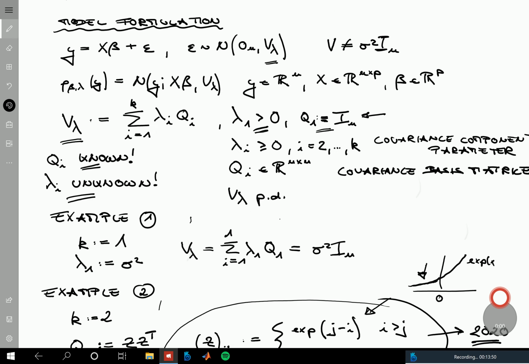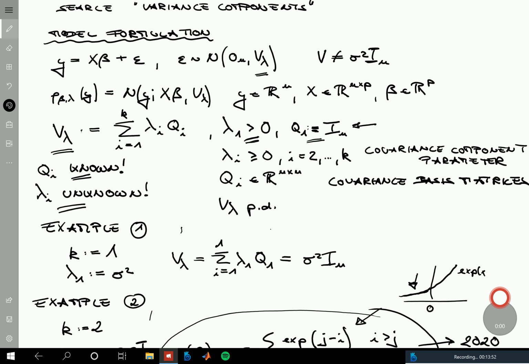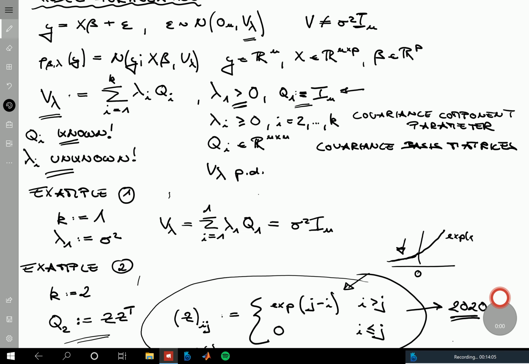So when talking about estimating the model, we are not only estimating the beta parameter and the variance parameter, but we're estimating the beta parameter and all the lambda i's. We can summarize the lambda i's in a vector lambda 1 to lambda k.